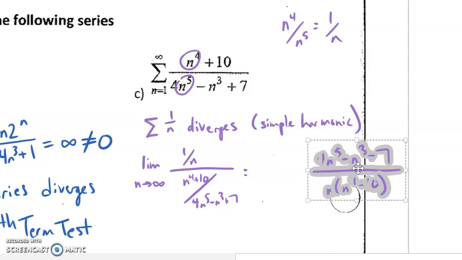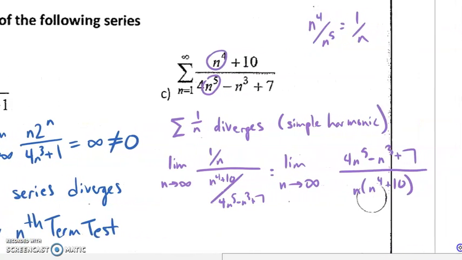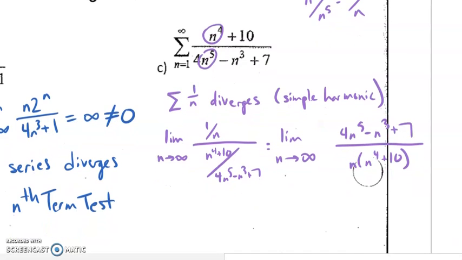All right, I forgot the limit here, right? We want to make sure that we always include the limit. The limit doesn't equal that fraction. The limit equals the limit of that fraction. Anyway, n to the 5th on the top. This is a 4n to the 5th on the top. This is 1n to the 5th on the bottom when we distribute, so that's going to be 4. And 4 is positive and finite.